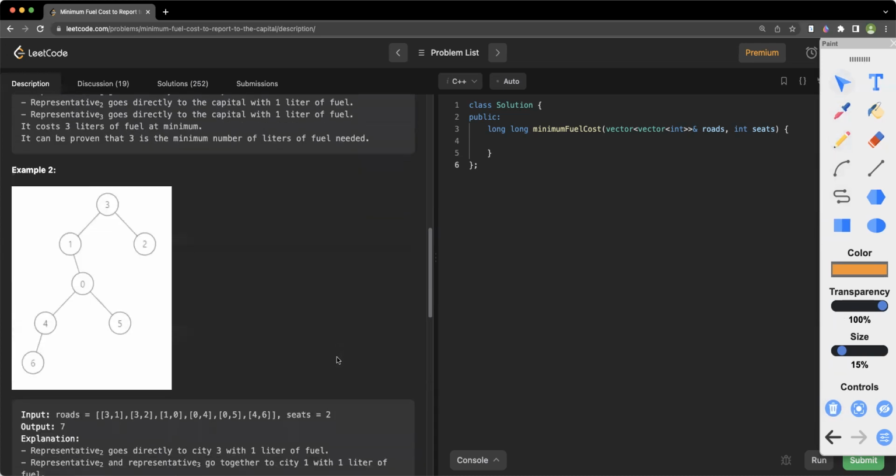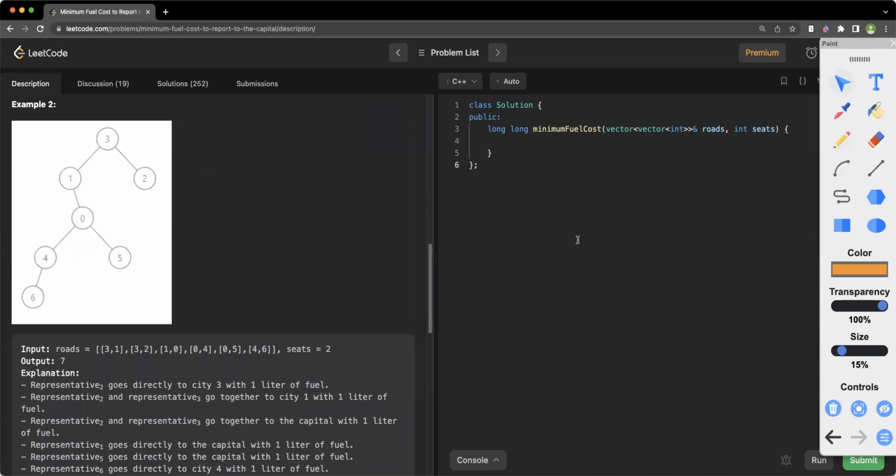And in the second example, we have this graph given to us. Let us start from here. We have a representative at 2. He comes to city 3 with cost 1. Here the number of seats is 2, so at most 2 representatives can sit in each car. Here we have only 1 representative sitting in the car and coming to node 3.